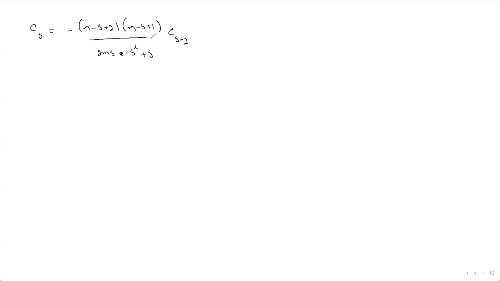Or further, I can simplify further. cs will be equal to minus m, because s I can just take out here, m minus s plus 2 into m minus s plus 1 divided by, if I take s common here, it will be s into twice m minus s plus 1, okay, into cs minus 2.